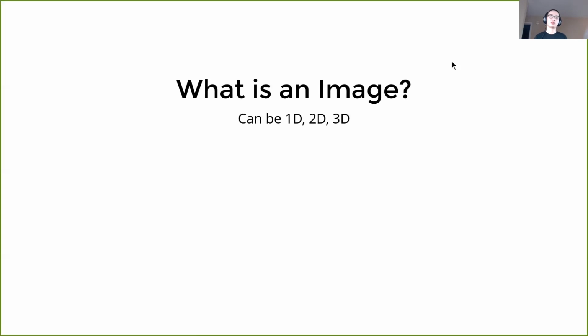First, the image can be 1D, 2D, and 3D. 1D is basically a line, and 2D image is usually what we use, but there are also 3D images, which can be useful if we have 3D samples of something.